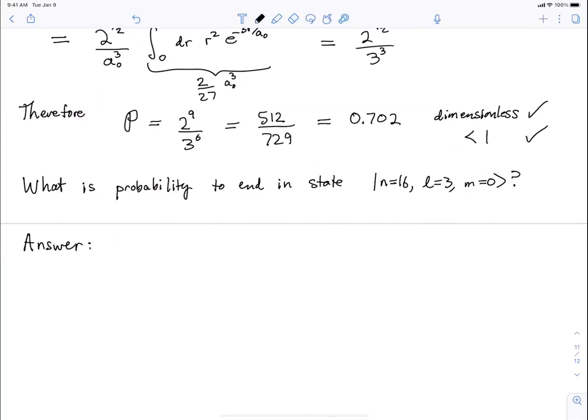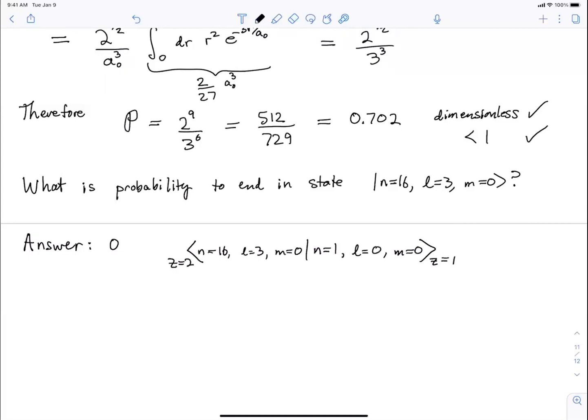So let's just remark on why it's 0. The answer is 0 because what am I calculating? I'm calculating the Z equals 2 state, n equals 16, L equals 3, M equals 0, matrix element with the n equals 1 state, L equals 0, M equals 0, for Z equals 1.